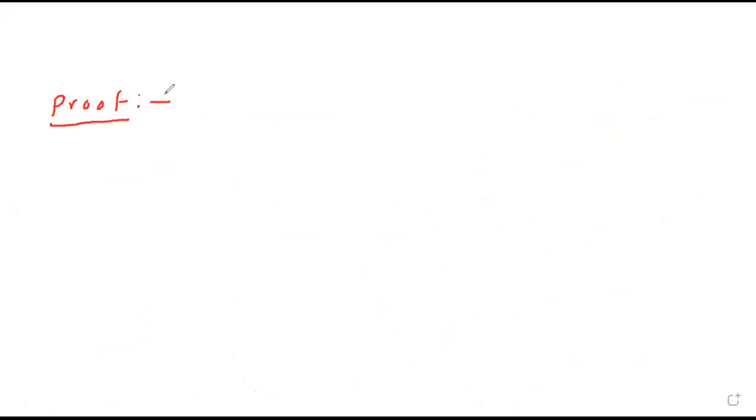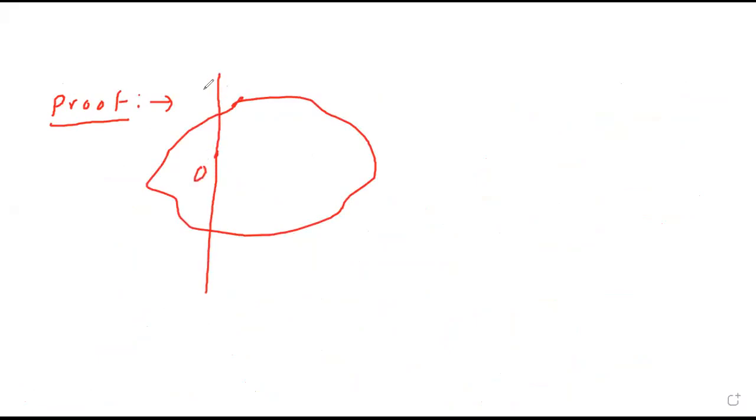Proof. This is rigid body rotating about an axis passing through O, parallel axis passing through center of mass. This is R. P is particle of mass Mi.